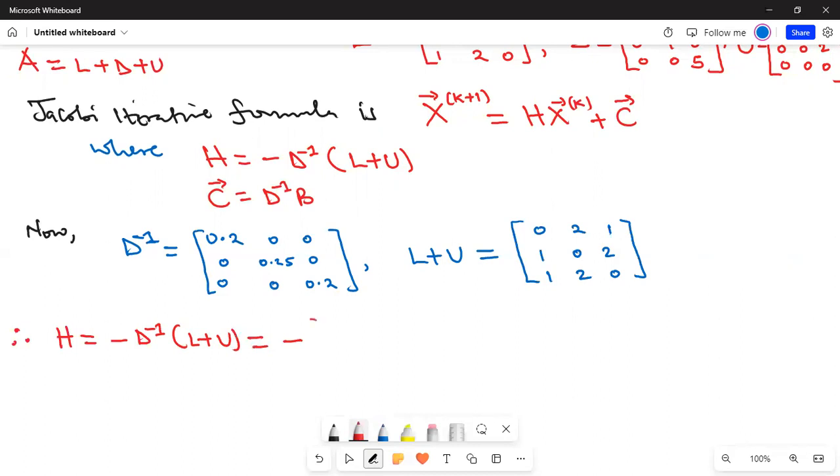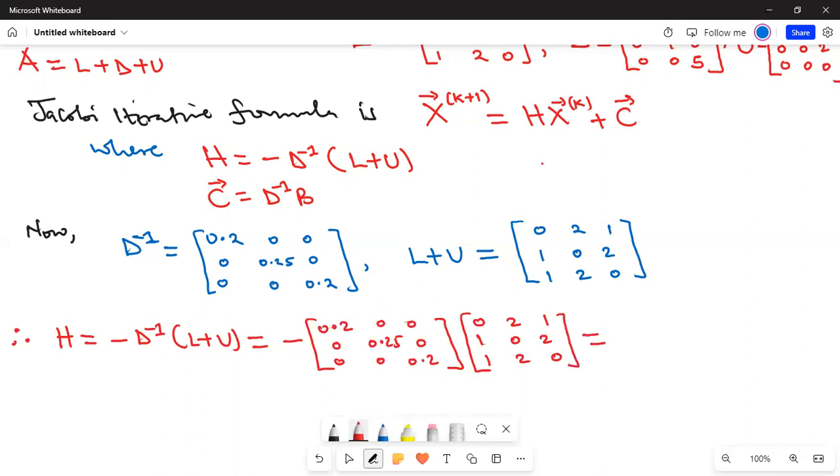So it will be negative. Our D inverse was 0.200, 0.250, 0.2. Multiplied by L plus U, that is 0, 2, 1, 1, 0, 2, 1, 2, 0.